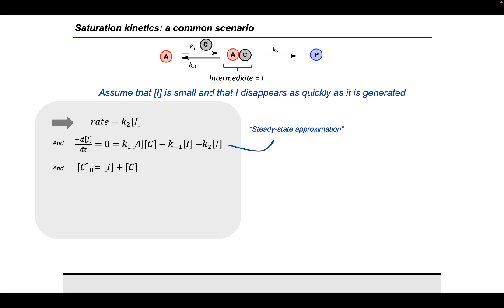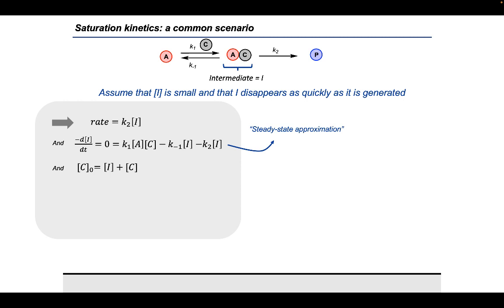Now here we can define the rate as the product of the second rate constant k2 and the concentration of intermediate I, but recall that we don't have a good way to measure the concentration of I directly. In fact, what we have to do is express the concentration of I in terms of observable quantities in the reaction. That is the concentration of substrate A and the initial concentration of catalyst.